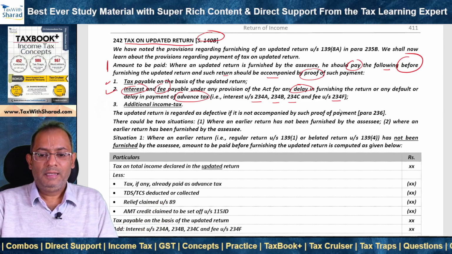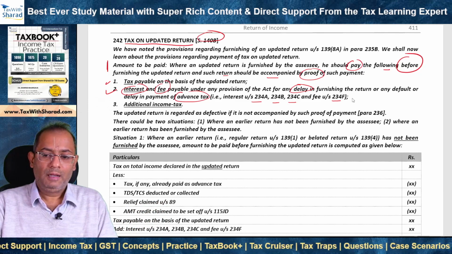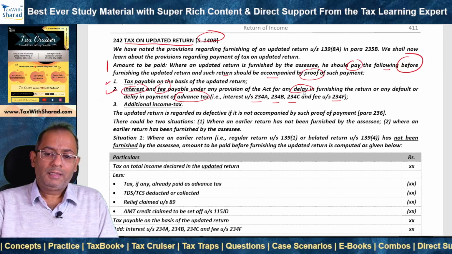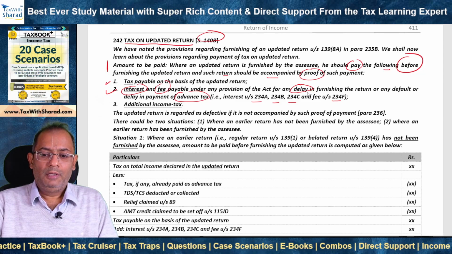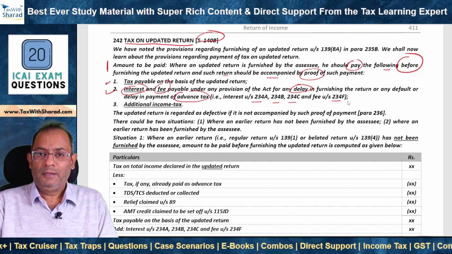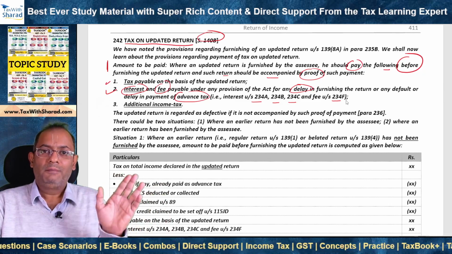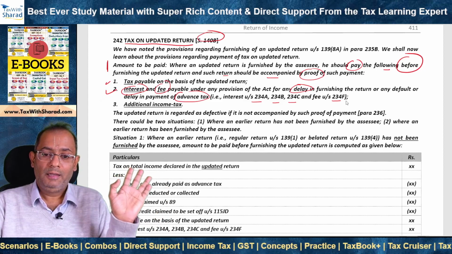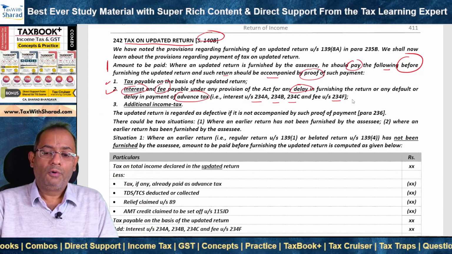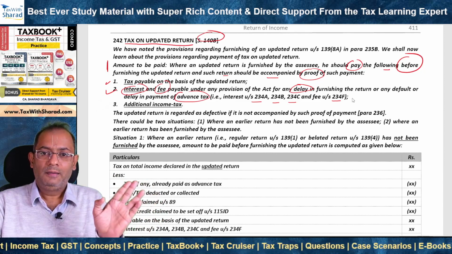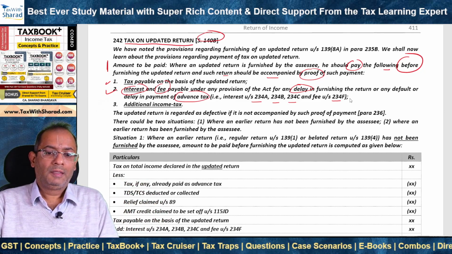So when a person furnishes an updated return, interest may be leviable for delay in furnishing the return, right? If the updated return is the first return, that means if the person has not furnished any return before, the updated return will be the first time the person will be furnishing that return for that assessment year.